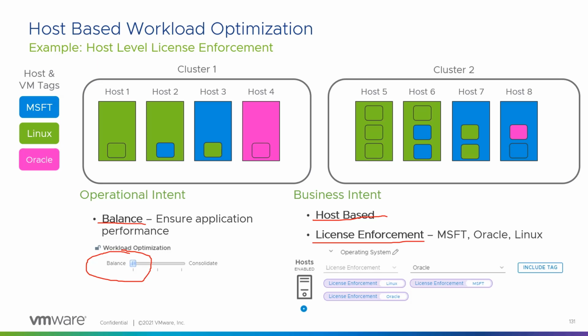And I'm going to choose the tags that I want to enforce. I want to enforce Microsoft, Oracle, and Linux. Then I just need to go up and start tagging my hosts as Linux, Microsoft, etc. And then tag the VMs. Here's a Linux VM, here's an Oracle VM, here's a Microsoft VM, etc. And once that's all done, I hit go on vRealize Operations, and it's going to take over and start making these changes for me.